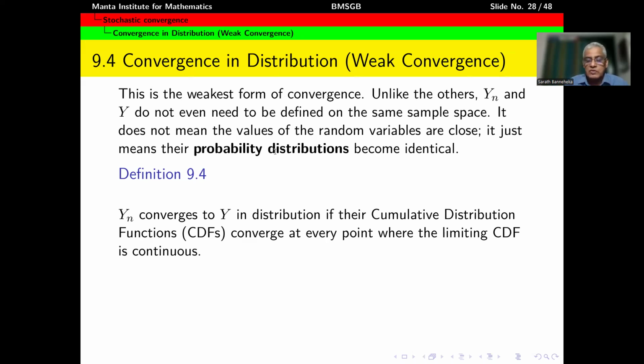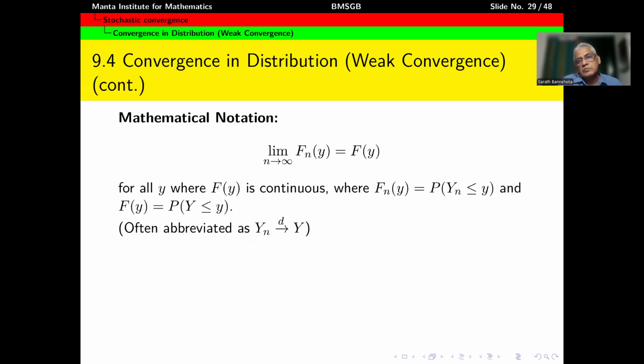Right. So let's see what this means. Mathematically, this means we are looking at the limiting CDFs, right? So F_Yn is the CDF of capital Yn. And what we look at is the limit as n goes to infinity.